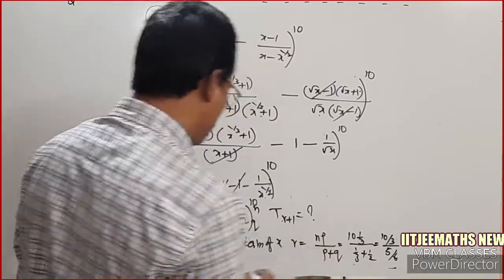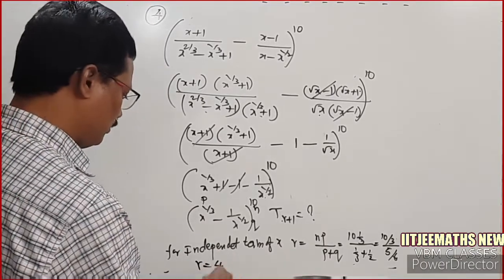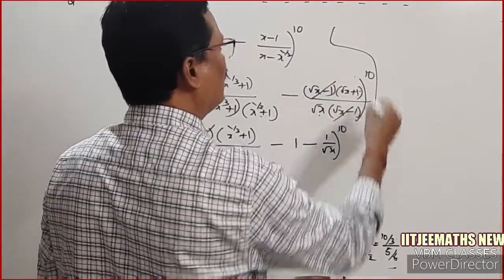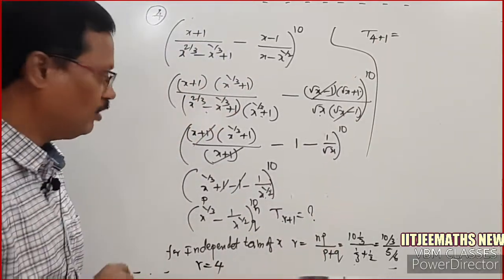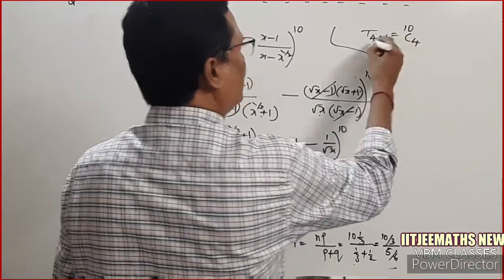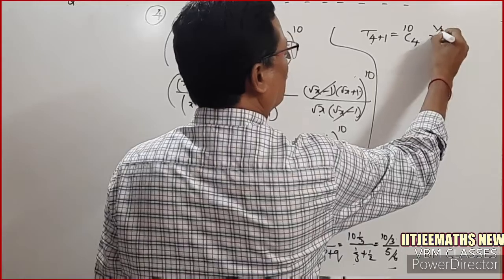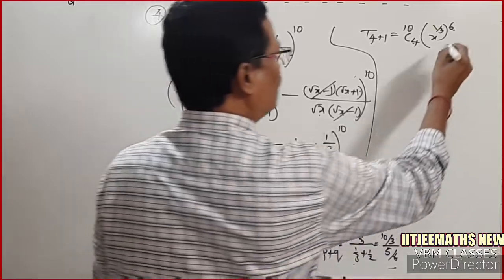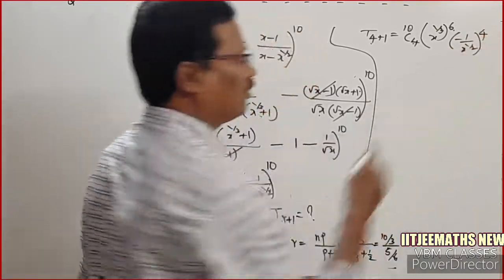Okay. Therefore totally, how much is that R? R we got 4. Therefore write the T4 plus 1 in this expansion. Now this is T4 plus 1, I am taking R is equal to 4. T4 plus 1 is 10C4, this x power 1 by 3 power 10 minus 4, 6, and minus 1 by x power 1 by 2 whole to the power of 4.